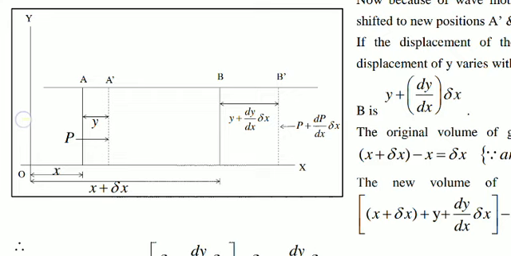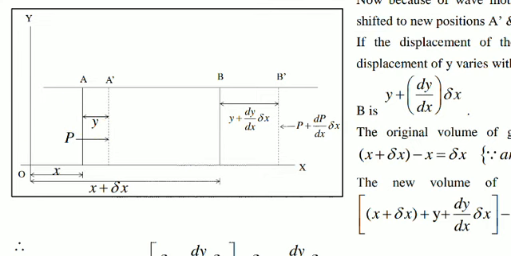Because the distance between plane A and B is delta x. First of all we found dy by dx, which is the rate of change of y with respect to x, and the distance we have to change is delta x. So the resultant displacement of B will be y plus dy by dx into delta x.